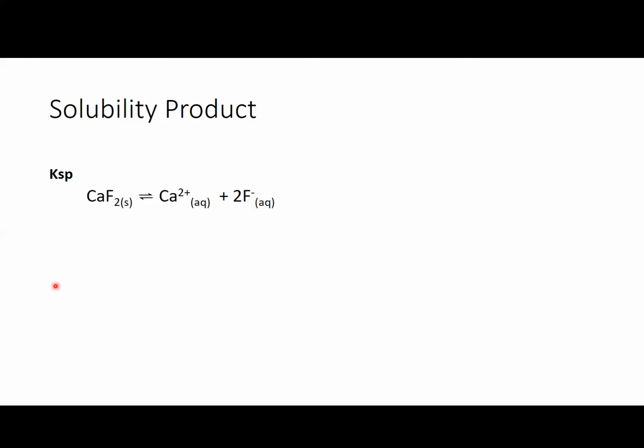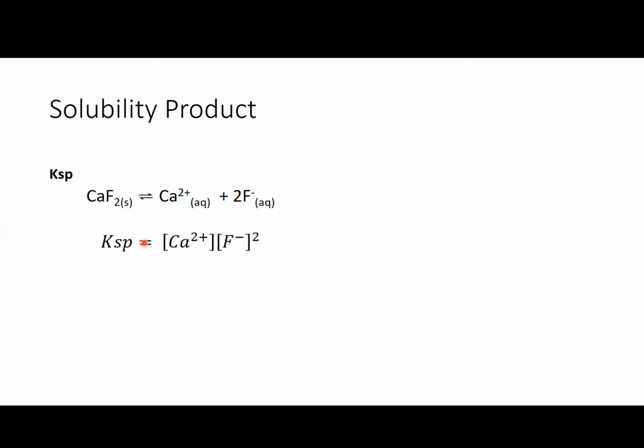So let's say I've got calcium fluoride. It's a solid. I drop it in water. If it's an ionic solid, I should form calcium ions and fluoride ions, right? Both of those. And if I wanted to write a K value for that, because I'm talking about solubility, I would call it Ksp. Now the sp does nothing mathematically.